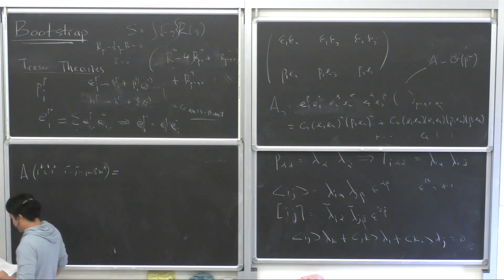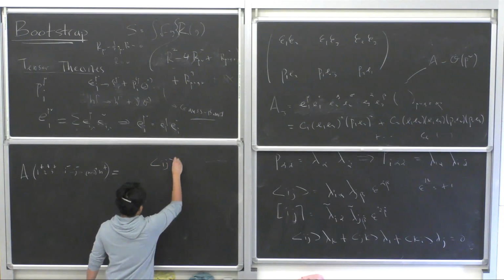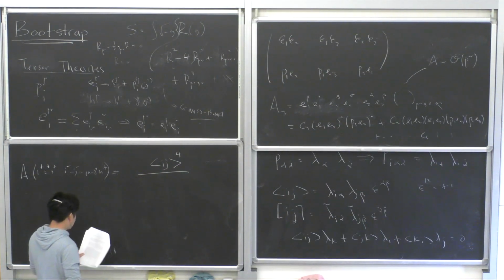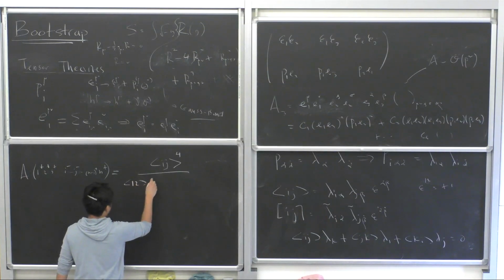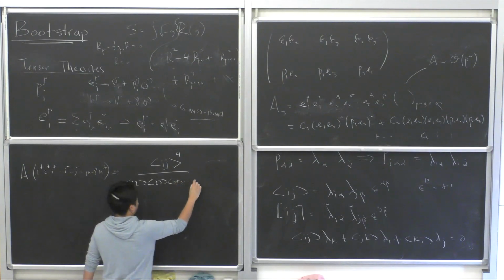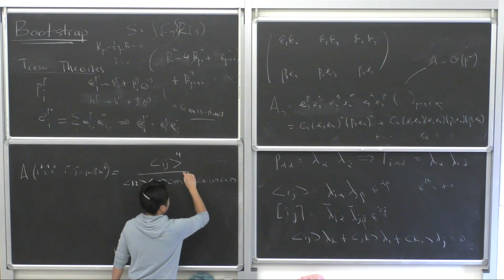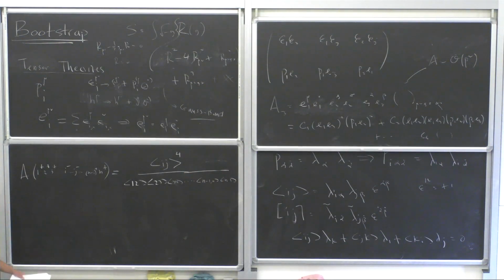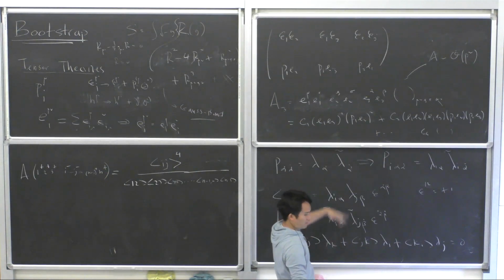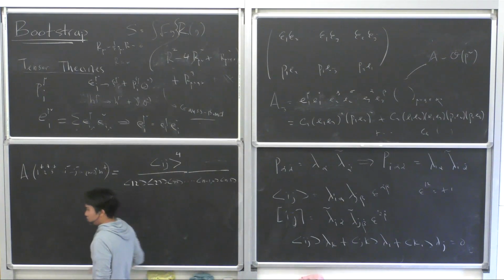It turns out that this amplitude has an unbelievably simple form in terms of these variables: angle bracket ij to the 4th, corresponding to those 2 special legs, divided by an awesomely cyclic structure, angle bracket 1 2, 2 3, 3 4, all the way out to n minus 1 n, and n 1. Everything's angle brackets, so lambda tilde disappeared. It does not show up in this amplitude. You can write it purely in terms of the angle brackets. This is true for n-particle scattering.